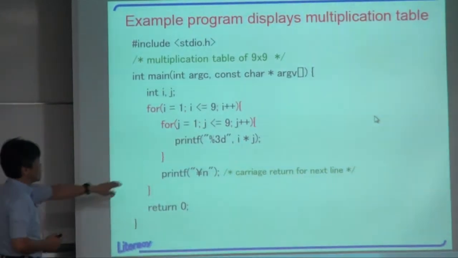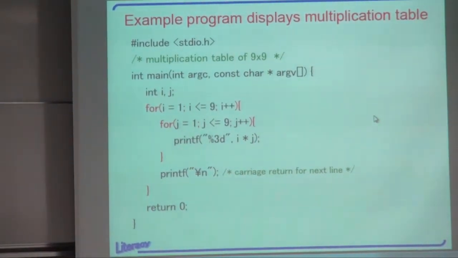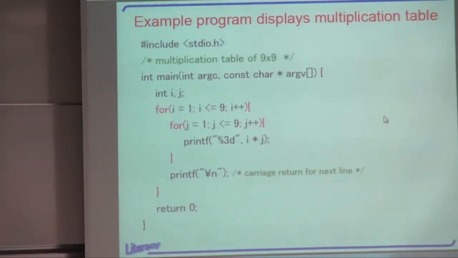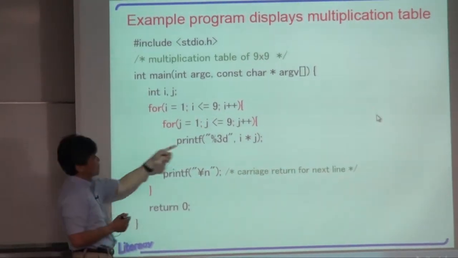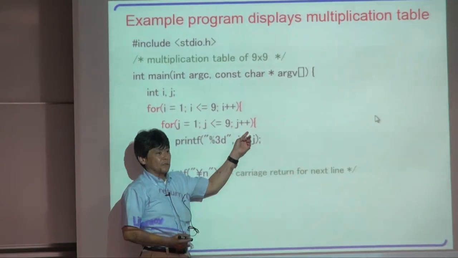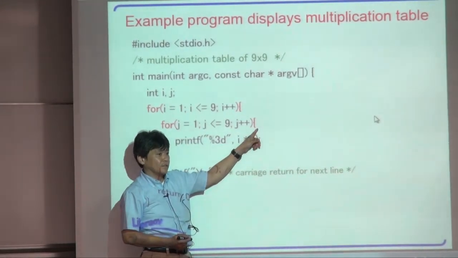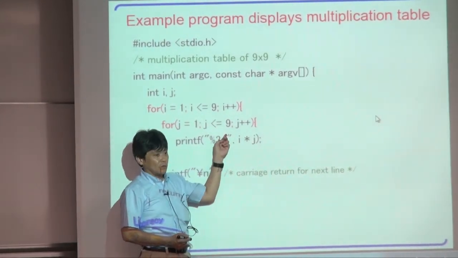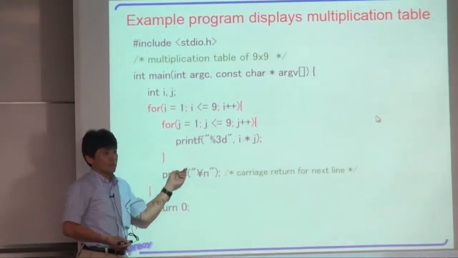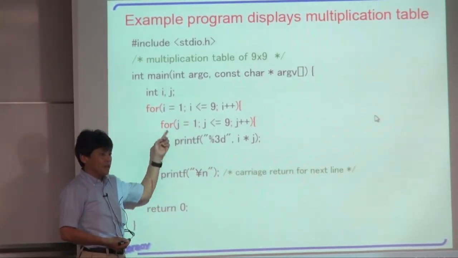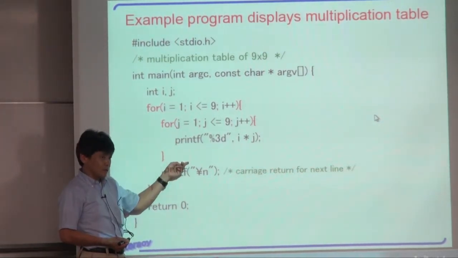After that, the printf function is executed and the number 9 will be displayed. After that, j becomes 10. In this case, this condition becomes false, so execution exits from this block.